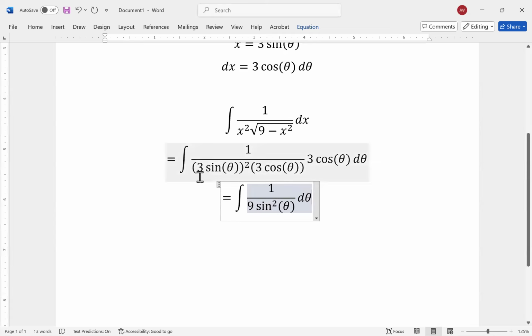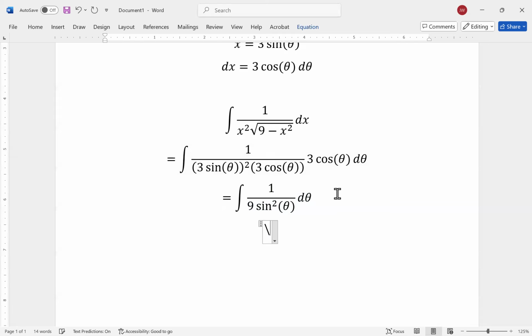Again, I'm getting a 9 because that's 3 squared, and then obviously I'm getting a sine squared because that's sine squared. So the 3 and the sine get squared, and I get essentially 1/9 over sine squared. This 3 cosine theta cancels out with that 3 cosine theta, and that's what we're left with.